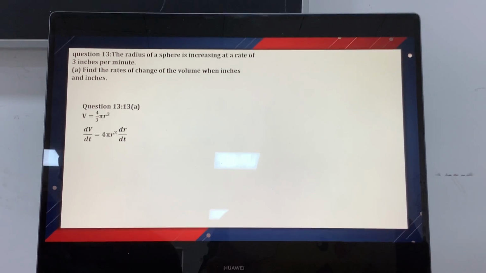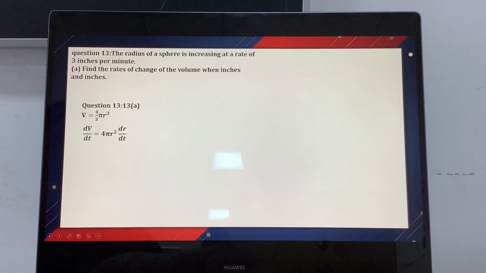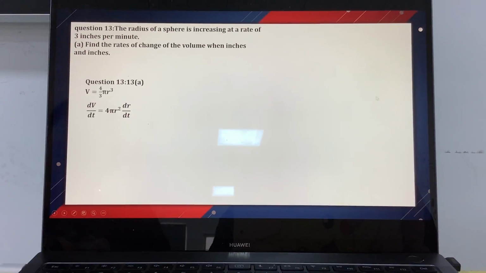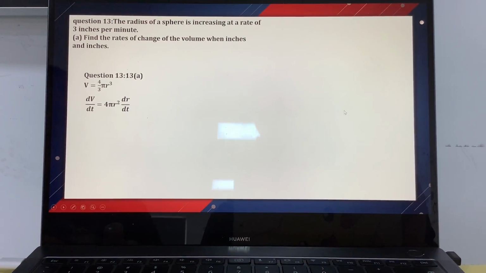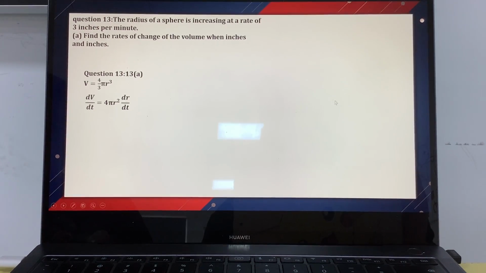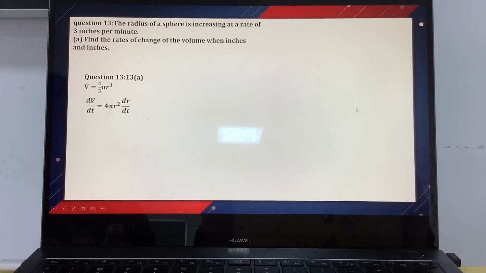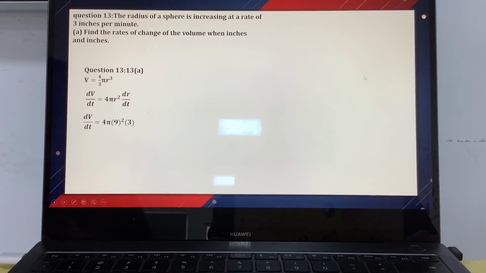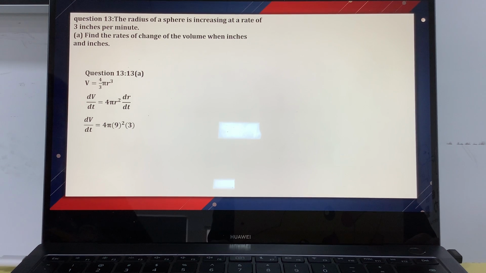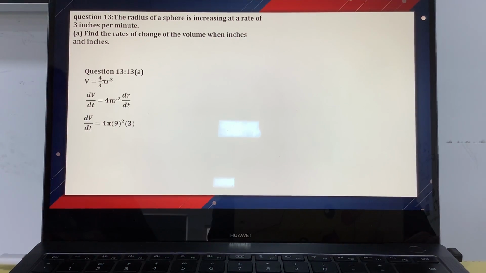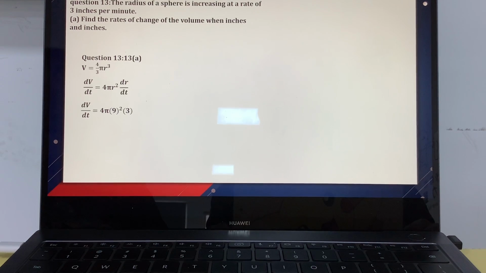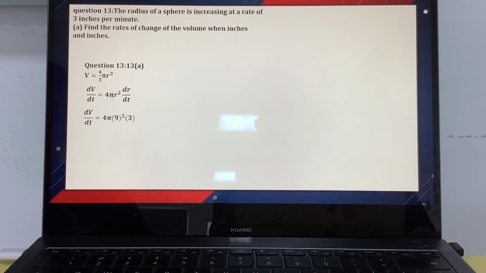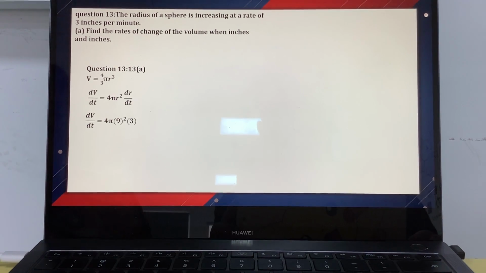The basic equation is V equals 4 over 3 pi r cubed. And dV dt equals 4 pi r squared multiplied by dr over dt. So we can simplify this equation, and then we get dV dt equals 4 pi multiplied by 9 squared, which is 81, and then multiplied by 3.